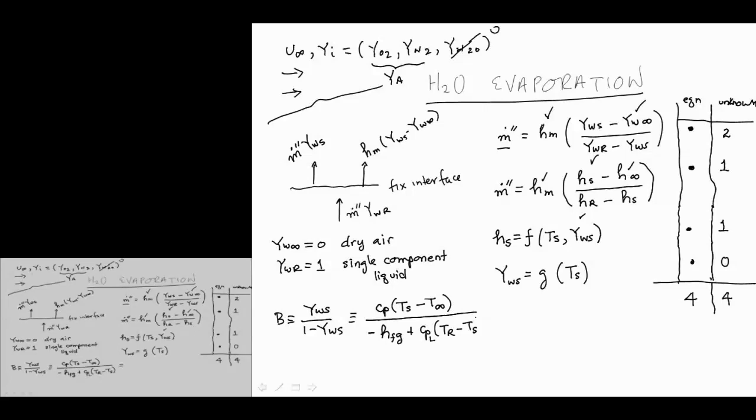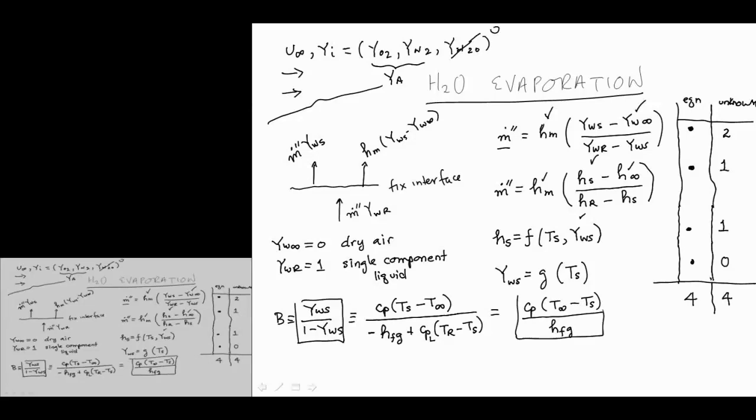so let me just rewrite this. We can think about it as CP T infinity minus TS, and we'll look at the simplest case, which is we'll just say that the reservoir and the surface are at the same temperature. This is one of the simpler problems that we looked at earlier. So this is B. So B is this, and it's this.